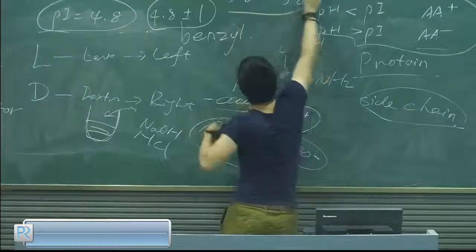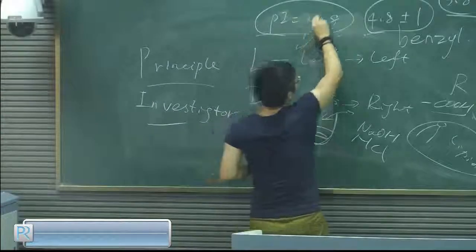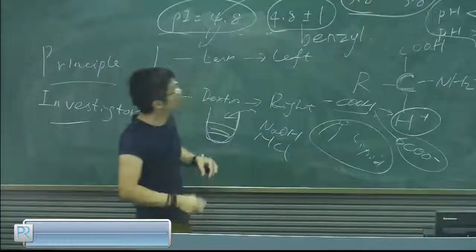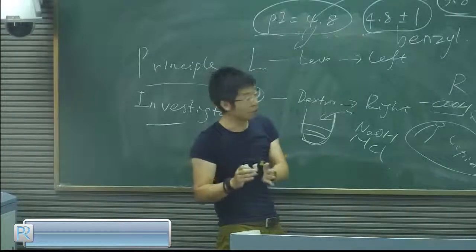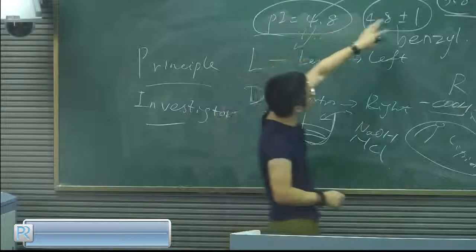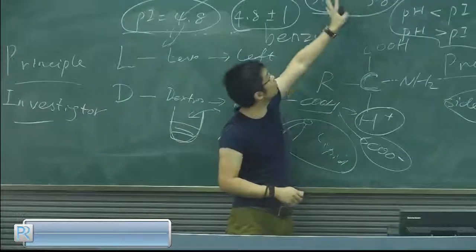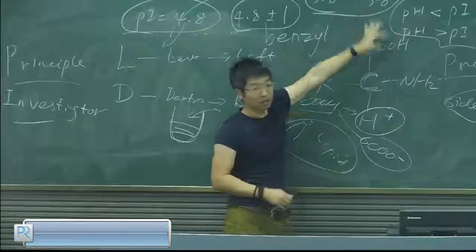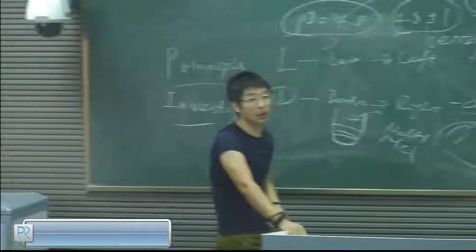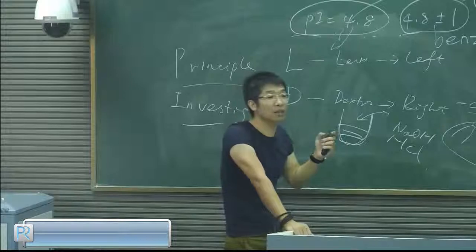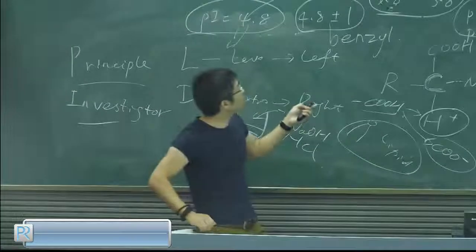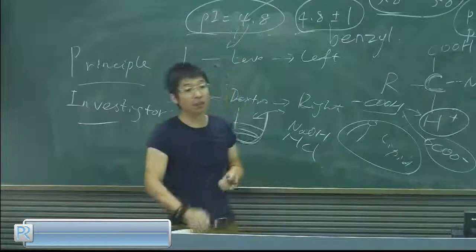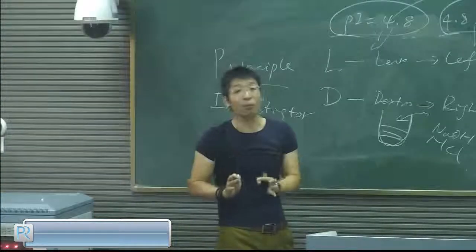So that means the change is minus 1 or plus 1, and 4.8 is just between these two numbers, right? So here is the resistance. That means if you put this amino acid in a solution, and the pH value of the solution equals 3.8 or 5.8, the amino acid is stable.